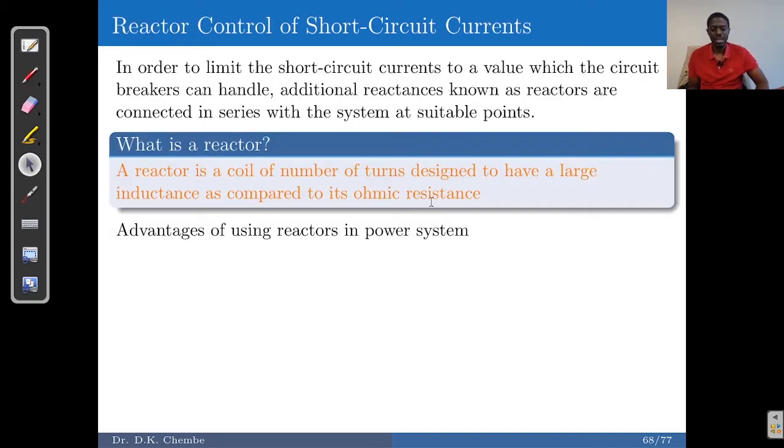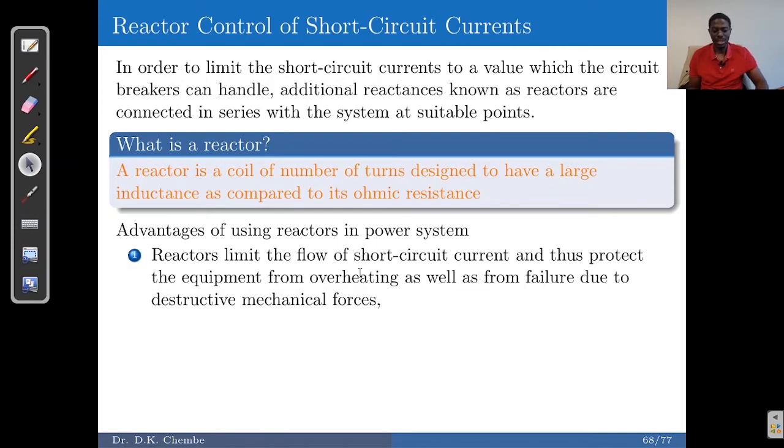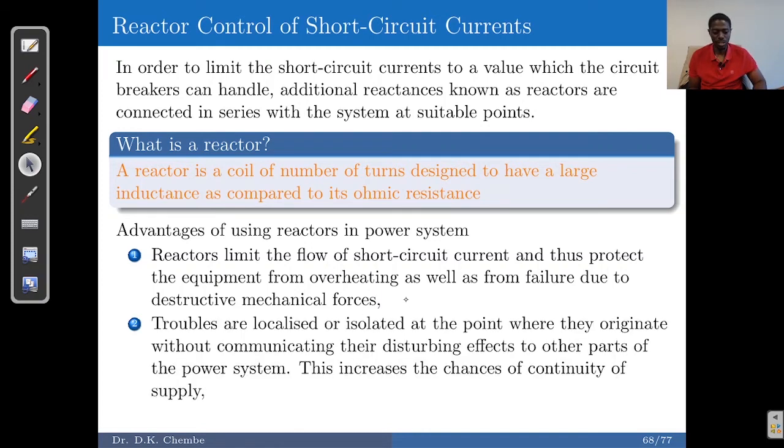So reactors are used to control the short circuit currents, and in many cases additional reactors are installed in the system at various points. The advantages of using reactors in the system are that reactors limit the flow of short circuit current and therefore protect equipment from overheating as well as from failure due to destructive mechanical forces.